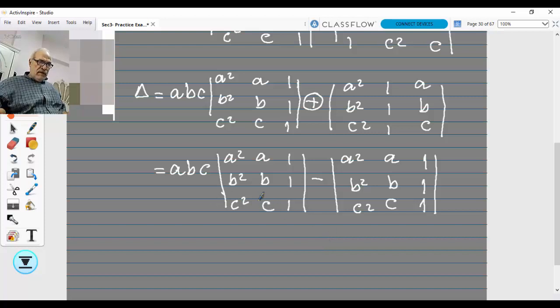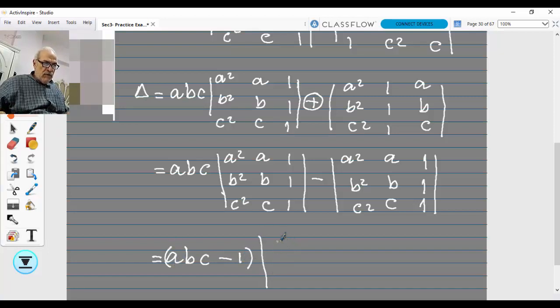Here we have the same determinant. Now we can take it as a common factor. So we rewrite this in the form ABC minus 1 multiply A square A 1, B square B 1, C square C and 1.